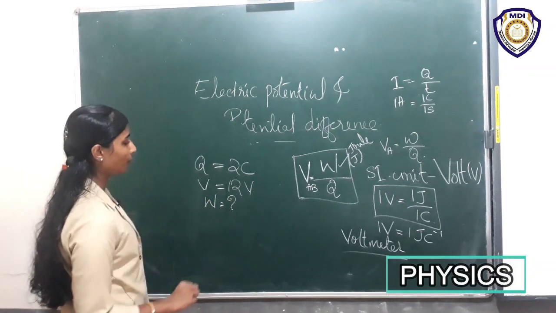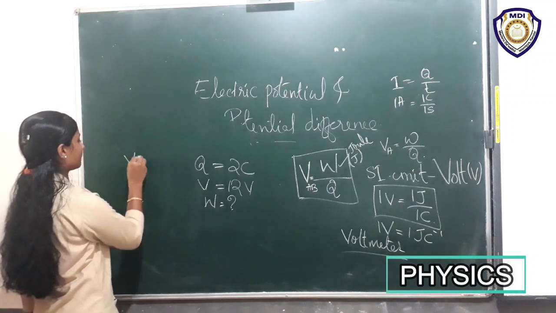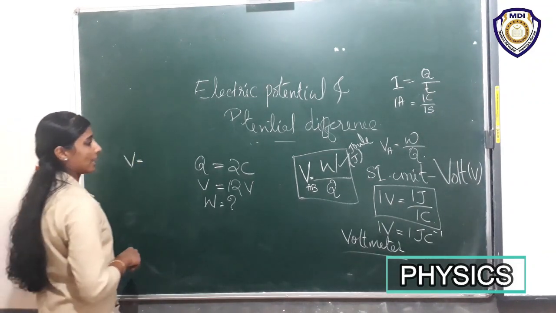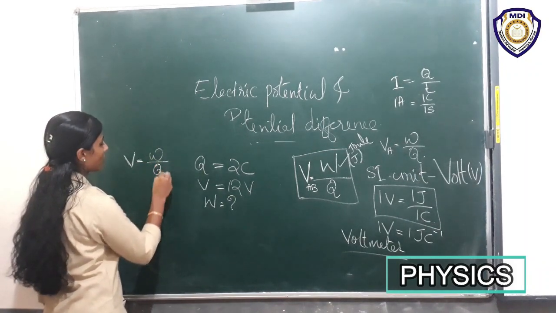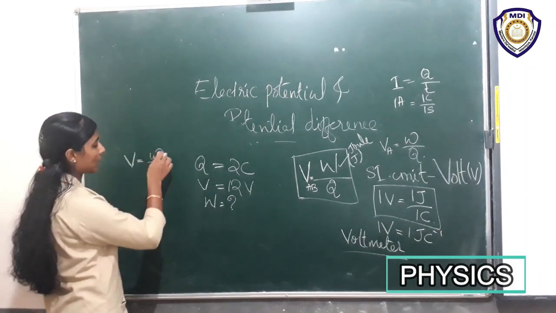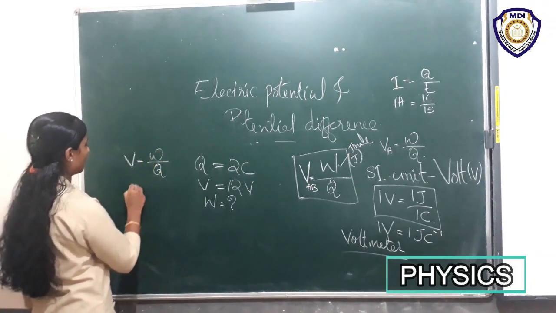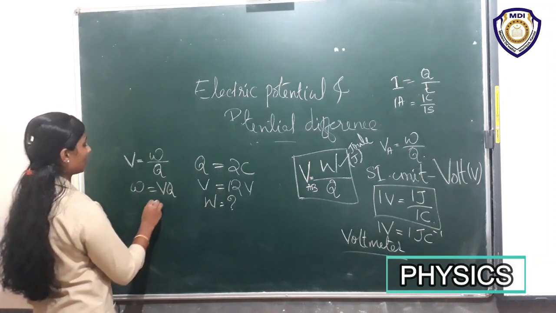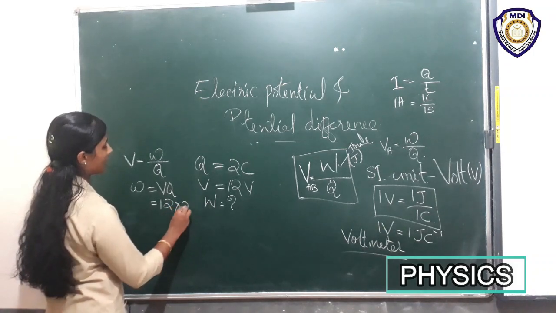So how can we find it? We know potential difference between 2 points is work done per charge, that is work done divided by charge. So from here we have W = VQ. That means W = 12 × 2.